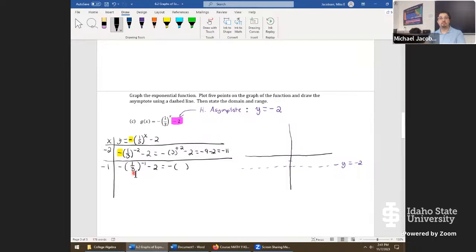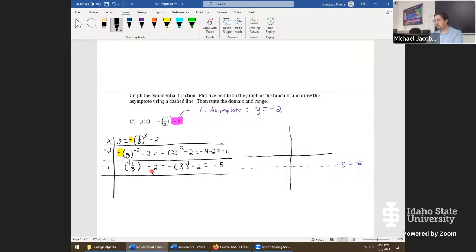If you flip that whole fraction, make it 3/1, which is the same as 3, you just have to write in your exponent as positive. But 3 to the power 1 is still 3, so even if you took off that exponent, that'd probably be just fine. Then minus 2. This is a glorified negative 3 minus 2, so it becomes negative 5 in that value.